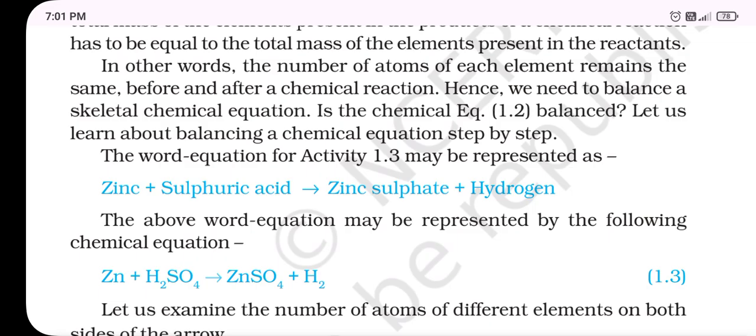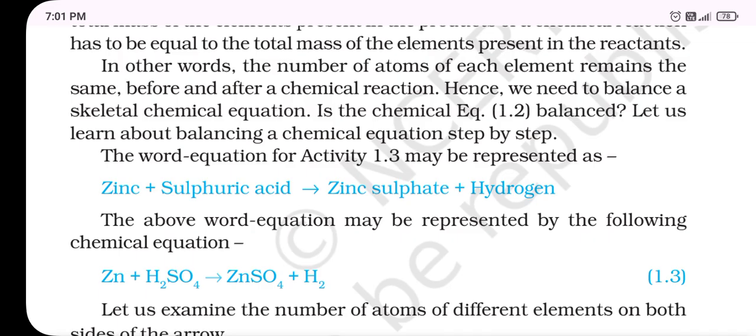That means if you have to balance the chemical equation, or balance the atomic mass, you just have to balance the number of atoms of each element.